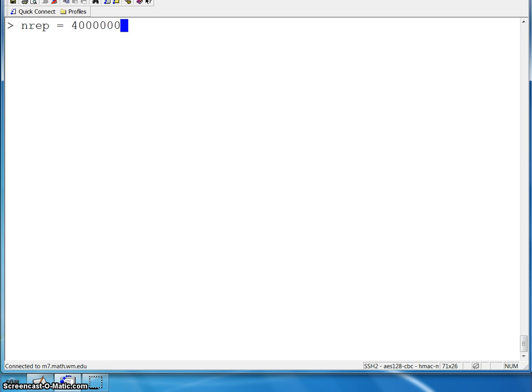You can only push it so hard, but 4,000,000 it should be able to handle. And then I'm going to say x is equal to runif of nrep. And then I want the mean of x times 1 minus x.